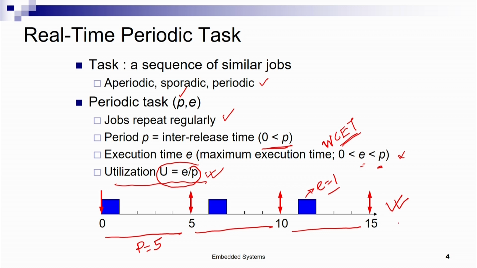So, the utilization of this task is U equals 1 by 5. Jobs arrive every 5 time units, and within 0 to 5 we must execute the first job, within 5 to 10 we must execute the second job, between 10 to 15 we must execute the third job, and likewise.